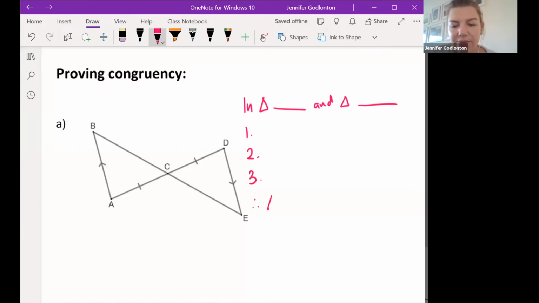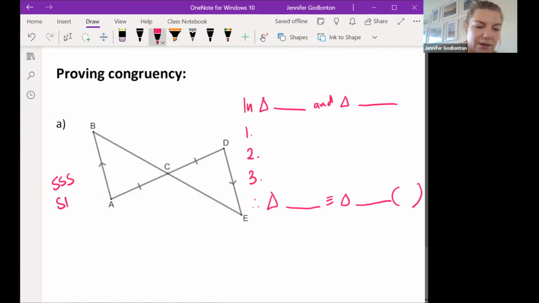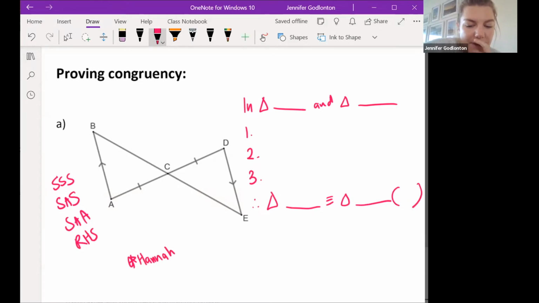Then we're going to say, therefore, this triangle is congruent to this triangle because of this reason. You're going to think about your cases of congruency. Okay. Hannah, I'm going to put your name here because there's something that I'm going to talk about.